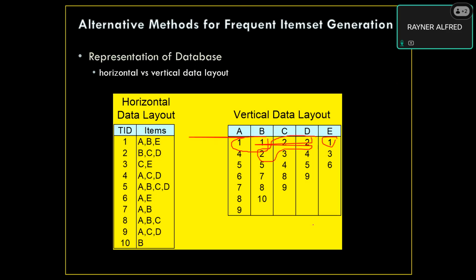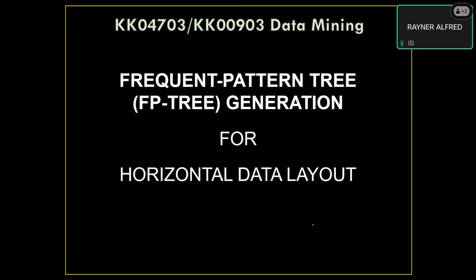So we're just counting this value. We can also have the frequent pattern tree. This is very popular because, as you know, if you have a tree, the search algorithm is shorter. The complexity is shorter.